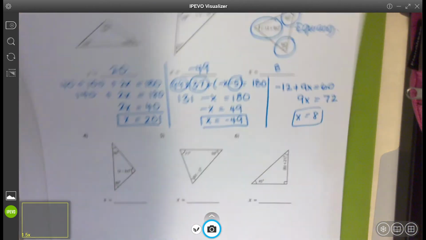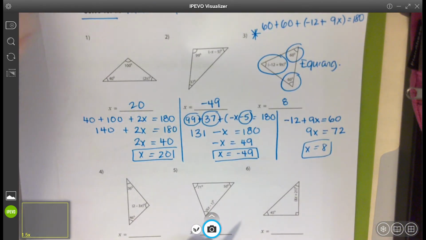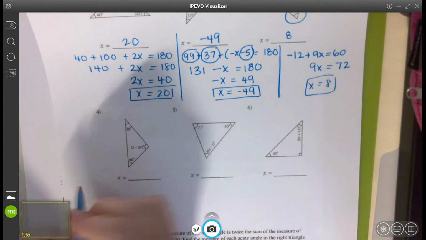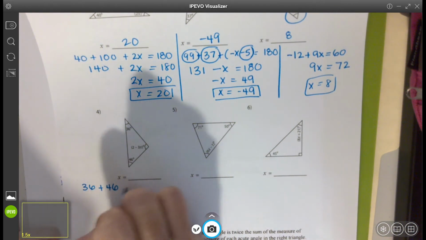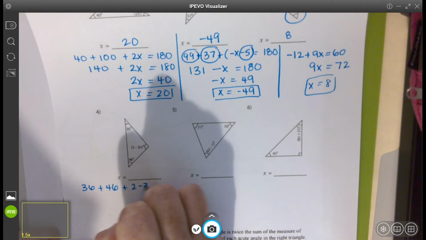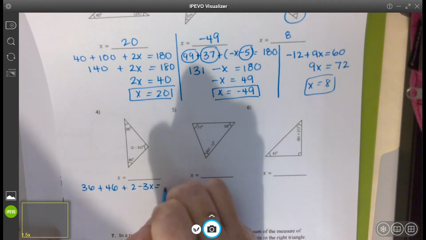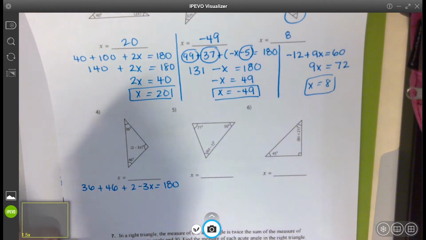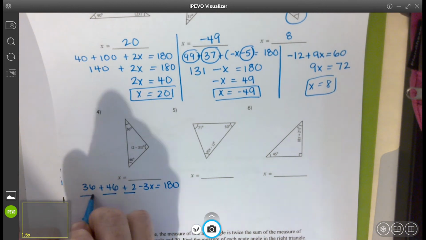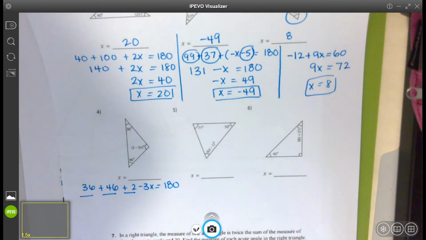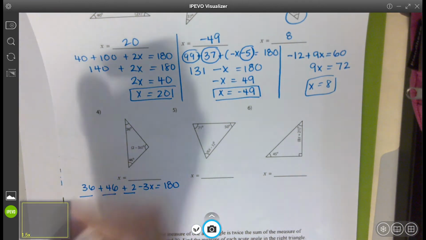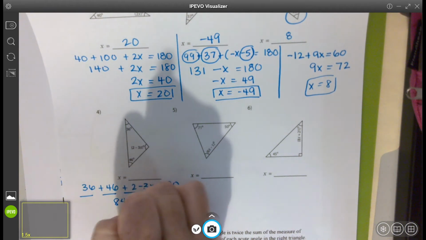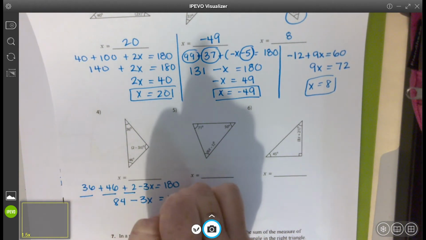All right, let's look at number 4. So number 4, we have 36 plus 46 plus 2 minus 3x equals 180. Again, we're going to combine like terms. I'm going to underline them here. So here we have 36 plus 46 plus 2, which is 84, minus 3x equals 180.